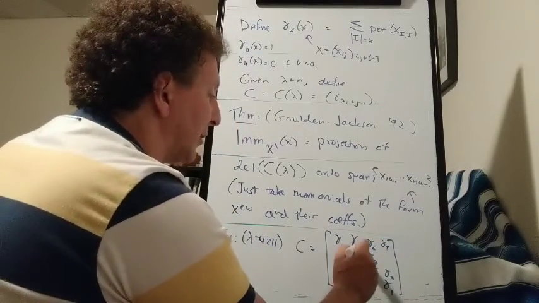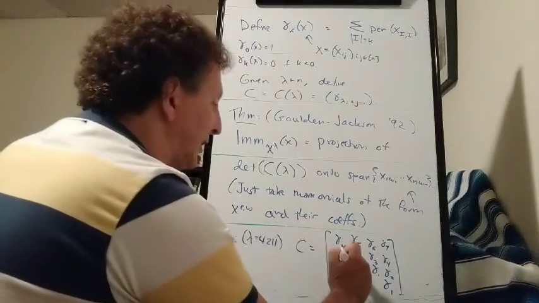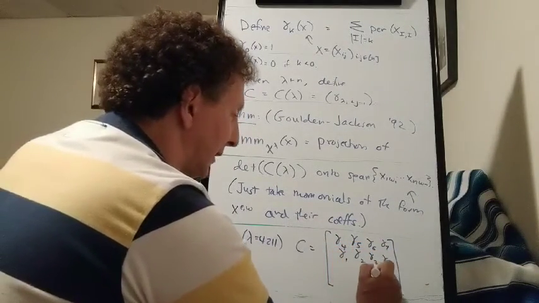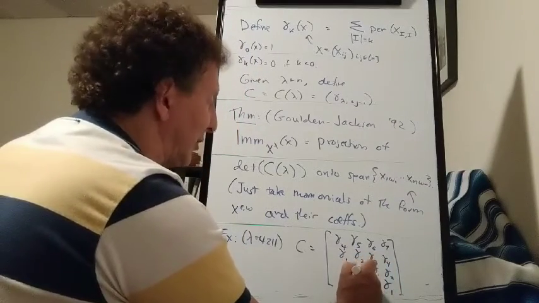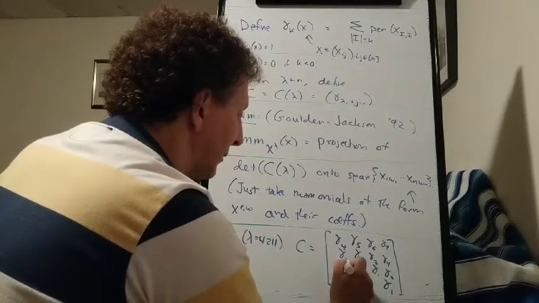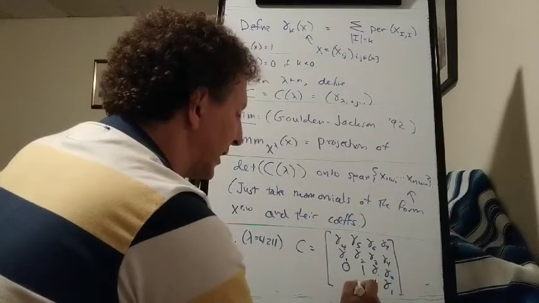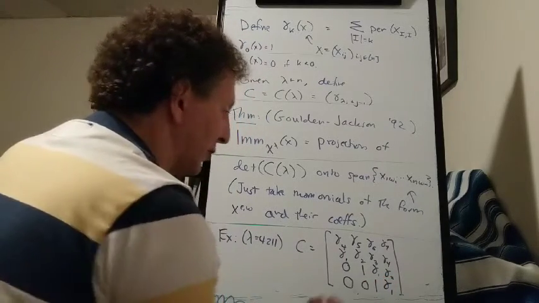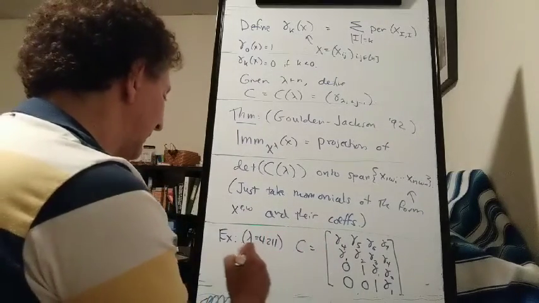And then this 2, we go 2, 3, 4. And then to the left, we decrease it by 1. Gamma 1 goes to the left to become gamma 0. Gamma 0 is 1. Gamma negative 1 is 0. Again, we've got 1, gamma negative 1, gamma negative 2. They're both 0.